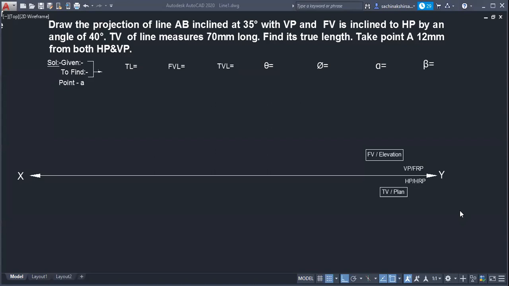Am I audible? Yes, sir. Shubham, 58. Will you read the problem?